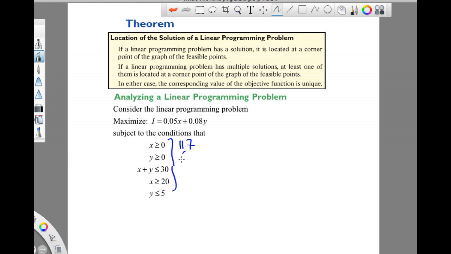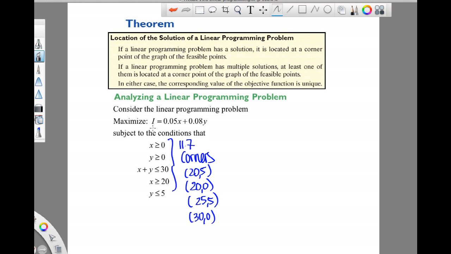So we graphed this problem, the problem from 11.7, and we were able to find the following corners. I don't want to regraph the whole thing. I just want you to get an idea of how this works after you graph it. So we had corners that were given by those coordinates.